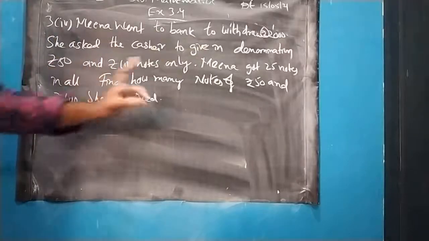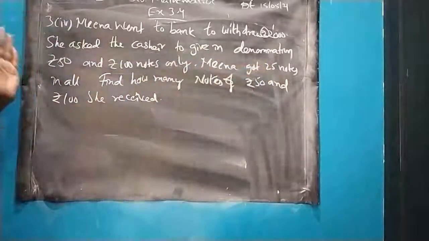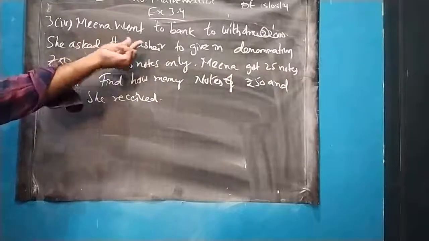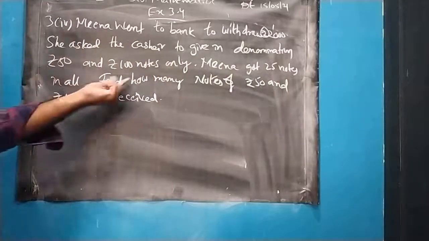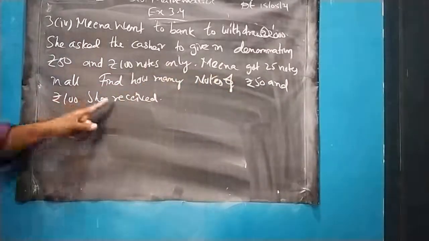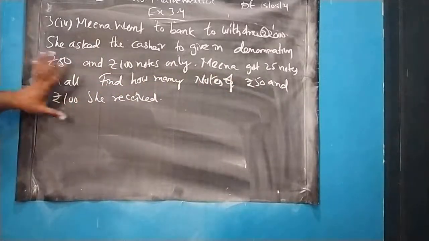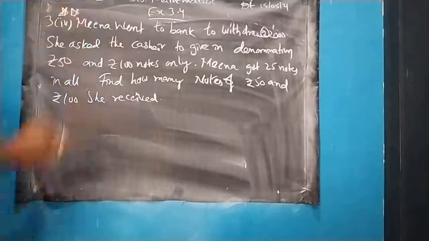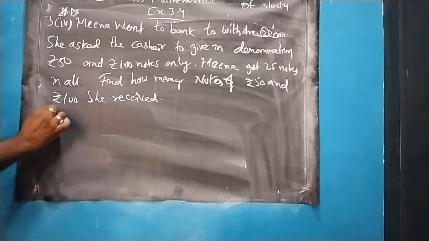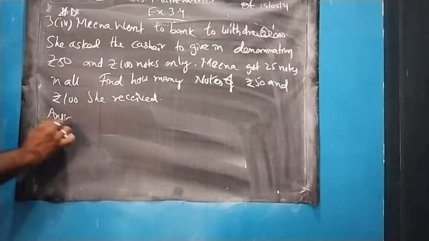So totally she got 25 notes. We don't know how many 50 rupees notes or how many 100 rupees notes the cashier has given. So find how many notes of rupees 50 and 100 rupees she has received. It's one of the easiest and one of the important questions as well. It's a real life situation. Examiner will stress more on these questions.